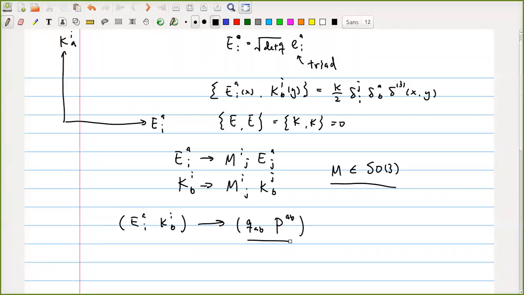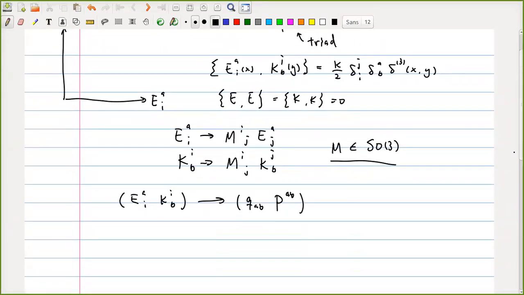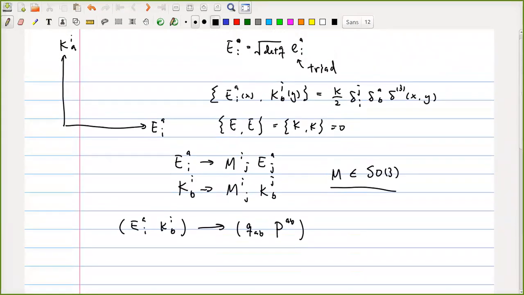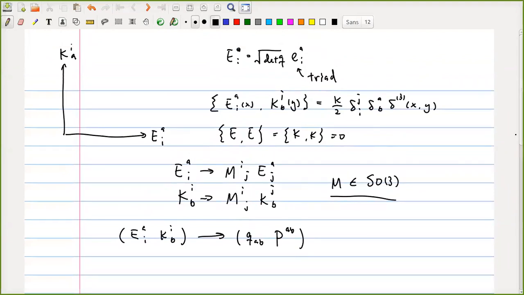But you can determine uniquely the ADM variables from E and K. That's the property of this EK variable. That's why we say we have extended the ADM phase space.